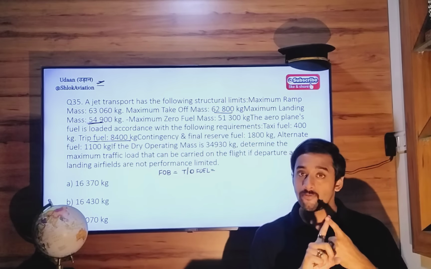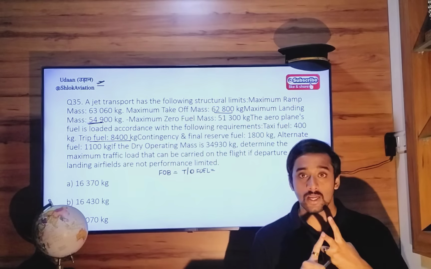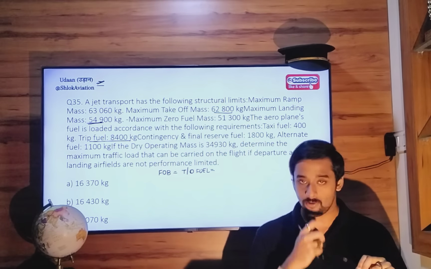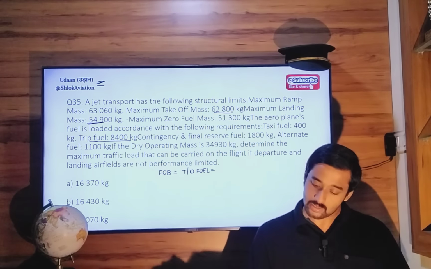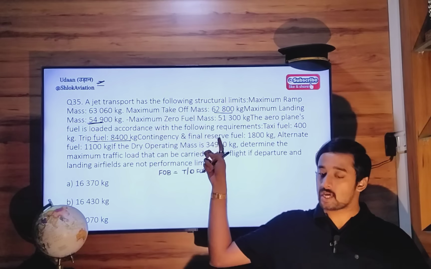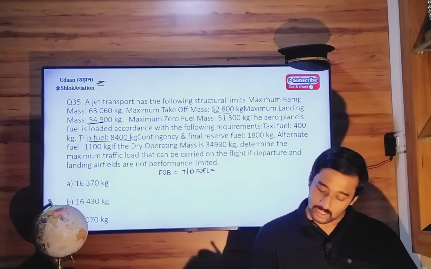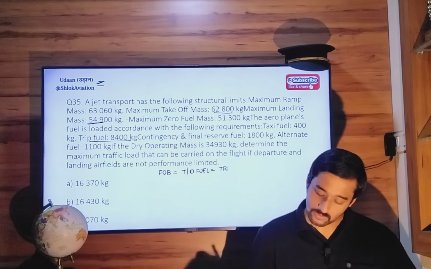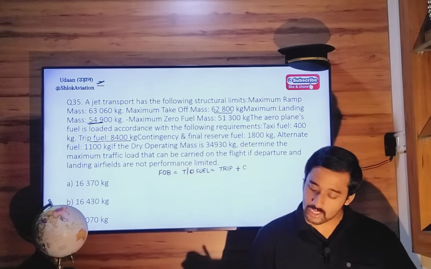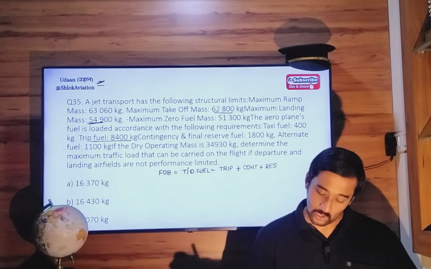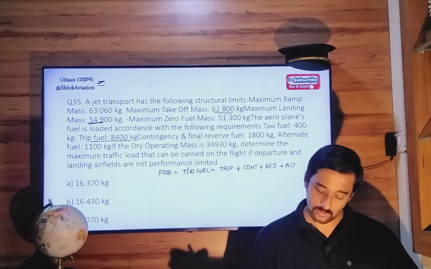That is your trip fuel, alternate fuel, reserve fuel, contingency fuel, and other kinds of fuel. So here, fuel requirements are taxi fuel, so omit taxi fuel. You are going to add trip fuel, contingency and reserve fuel, and alternate fuel.